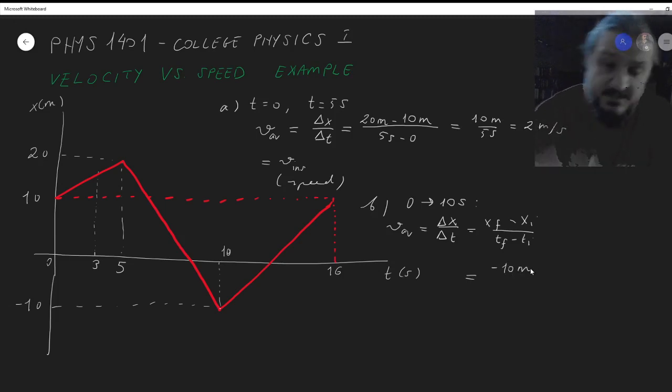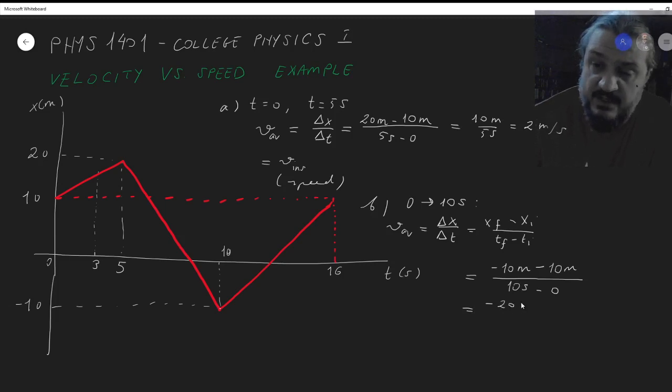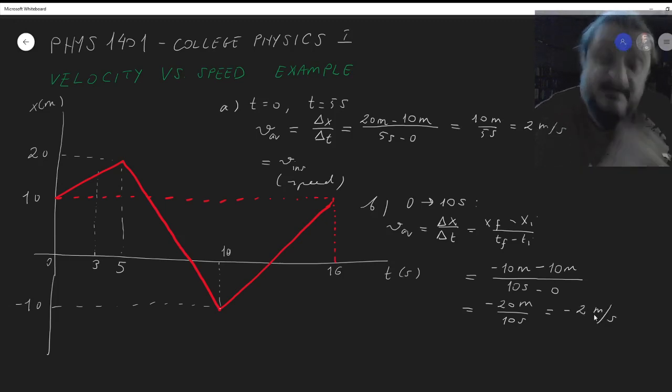That's the position when t is 10 seconds, minus the initial position, which was 10 meters. So that's the numerator. In the denominator, we have t final, 10 seconds, minus 0. This gives us negative 20 meters per 10 seconds, or negative 2 meters per second.